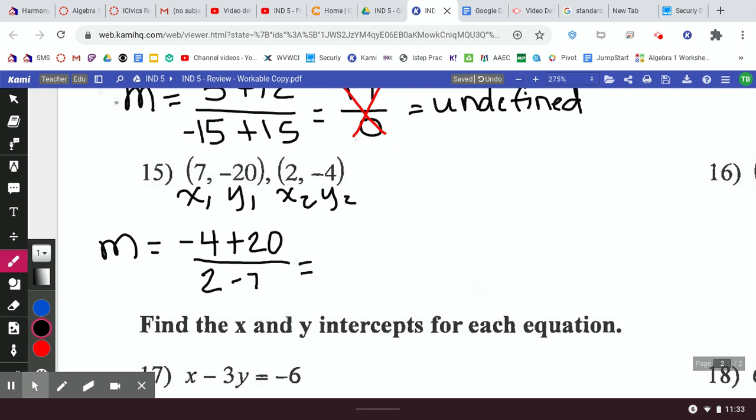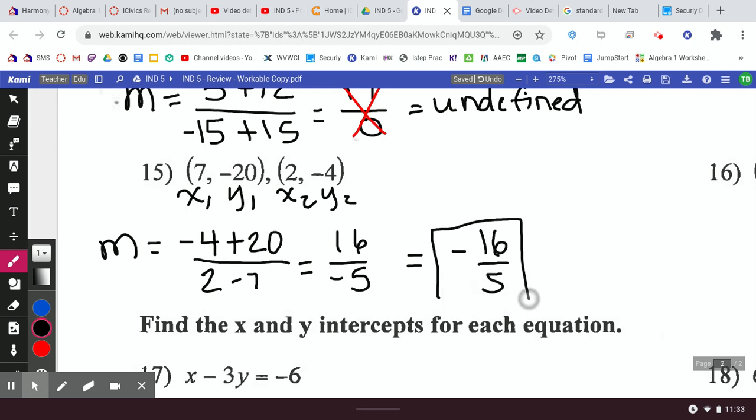Well, negative 4 and positive 20 is positive 16. Always take the sign of the bigger number, and 20 is bigger, so your answer is going to be positive. And then 2 minus 7 is going to be negative 5 because you subtract and you take the sign of the bigger. And so your slope, if you want to rewrite it with the negative out front, you can. You don't have to. But this is your slope, m equals. Okay?